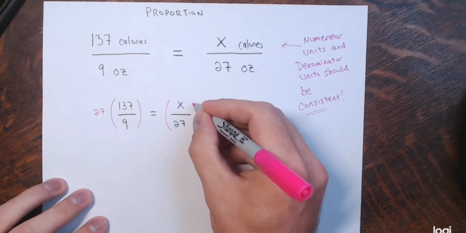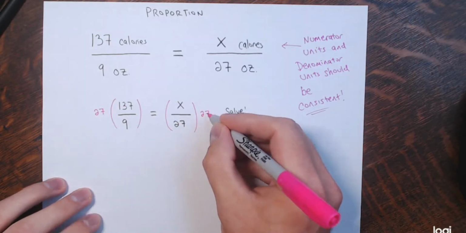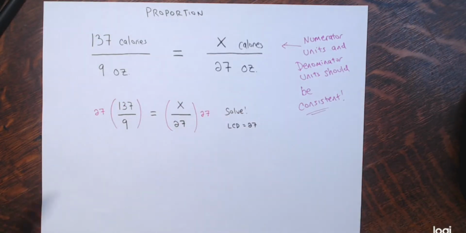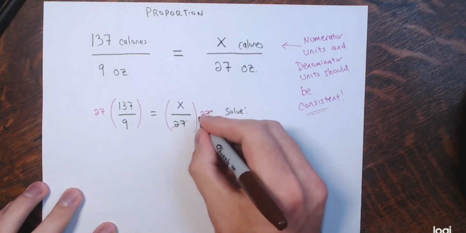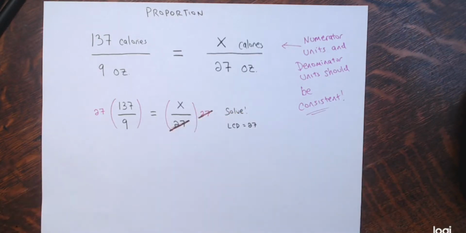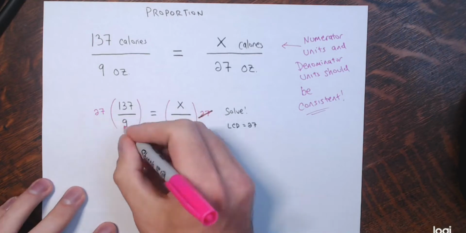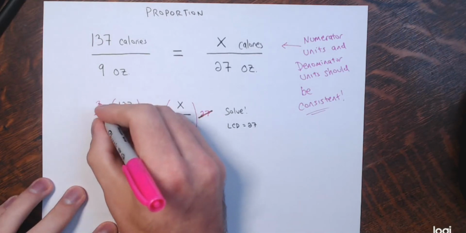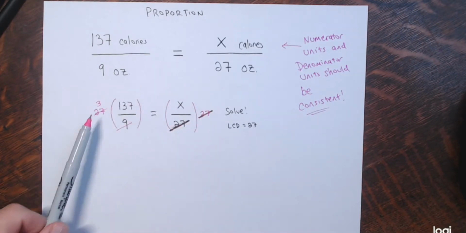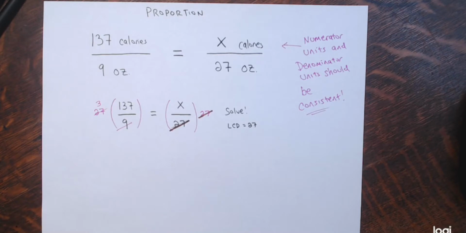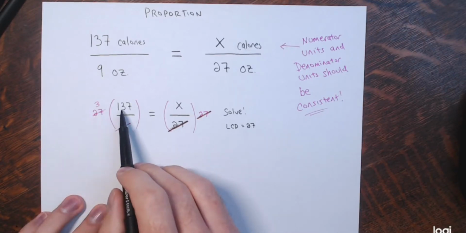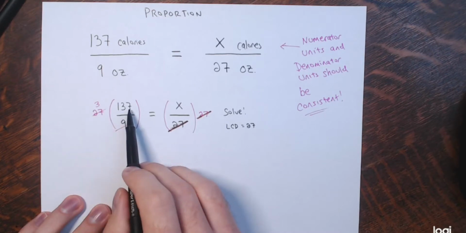And that should do it, because you'll see the right side has X alone. The 27s would cancel. And then on the left side, 9 goes into 27 3 times. So I'm really just left with 3 times 137, which would be, let's see, that's 390 plus 21.